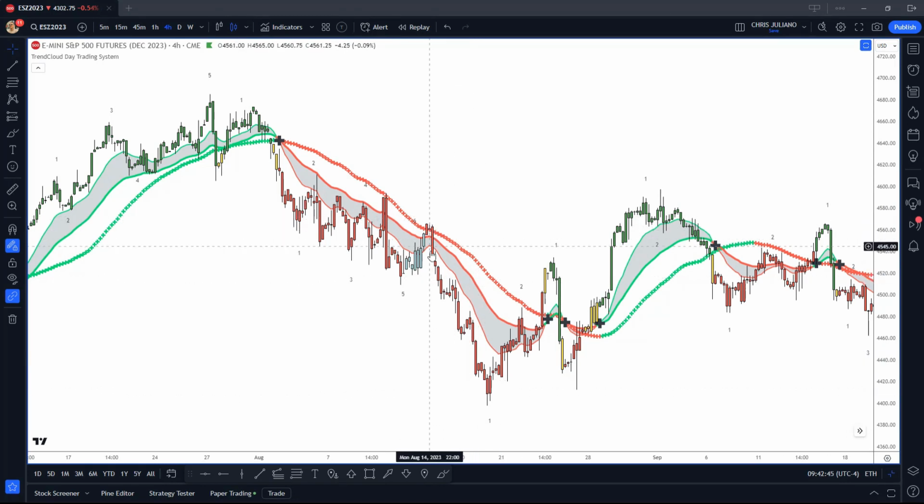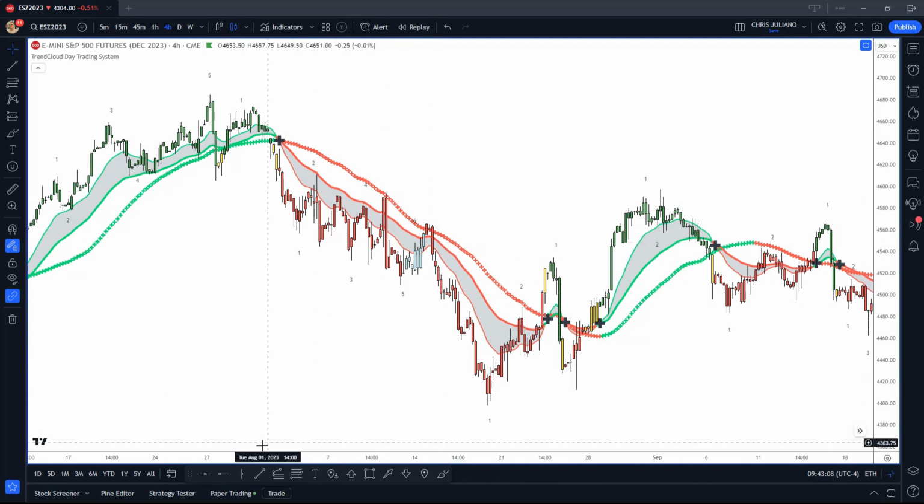So you're getting in at the very beginning of that recalculation. And as soon as TrendCloud turned the candles red again, you're allowed to get into this trade. So as soon as the candles turned red, it recalculated, you're allowed to get back into this trade.